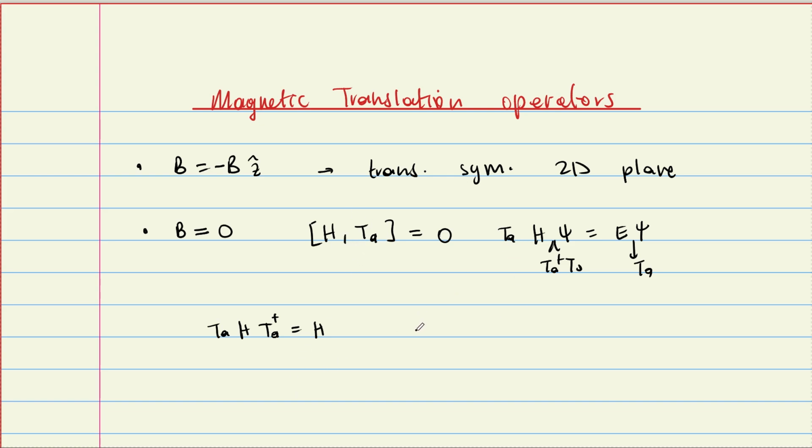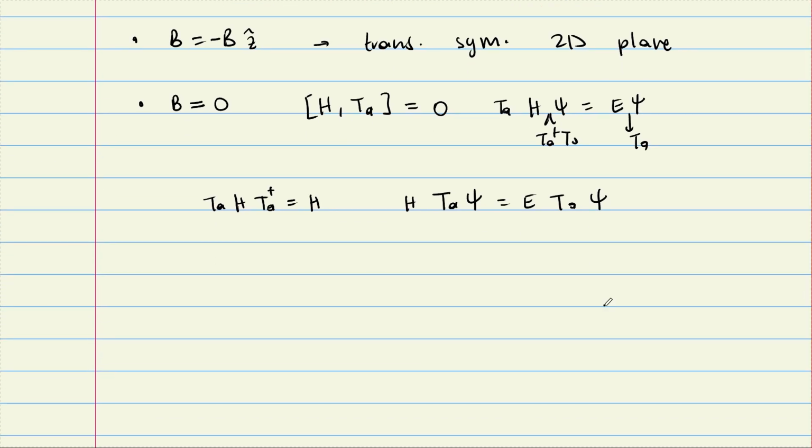Then H T_a psi is equal to E times T_a psi. So what this means, in the presence of a translation symmetry, if psi is an eigenstate with energy E, and if we assume the energy levels are non-degenerate, in that case T_a psi is also an eigenstate with the same energy.